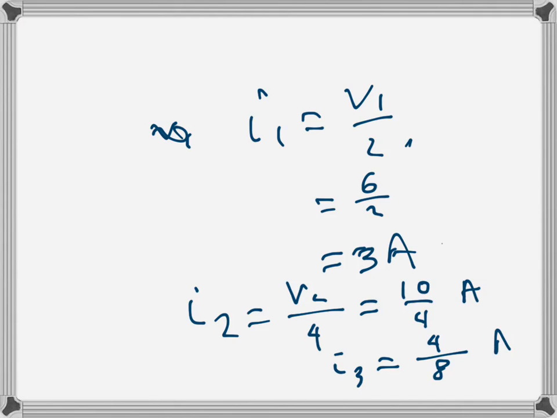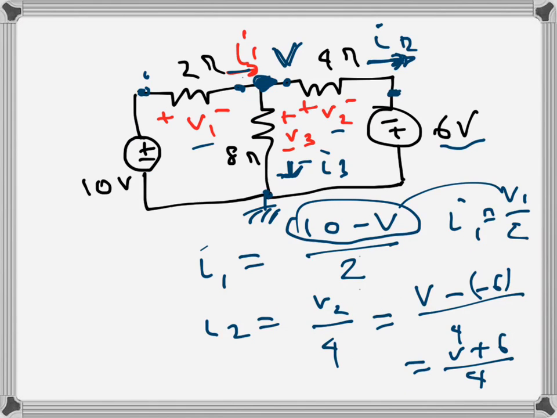So this is 2.5 amps for I2, and this one is 0.5 amps. So 3 amps current coming here, and 2.5 amps going this way, and 0.5 amps going that way.